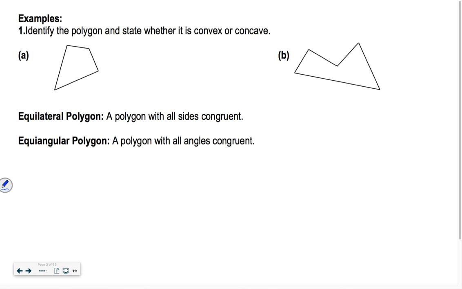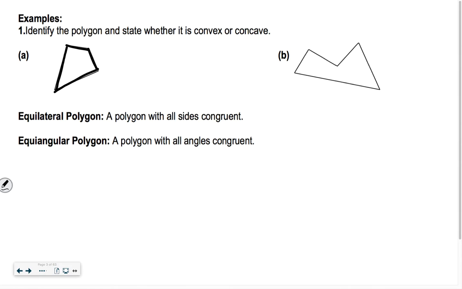So number 1, identify the polygon and state whether it's convex or concave. So when I say identify the polygon, name it. I want you to count the sides. How many sides does it have? 1, 2, 3, 4. 4 sides. So it's a quadrilateral. Quad means 4, right?